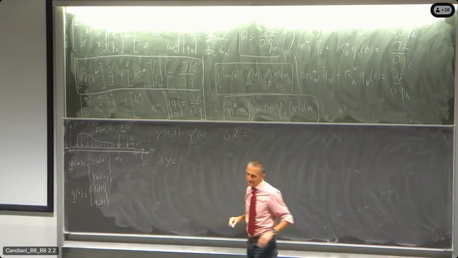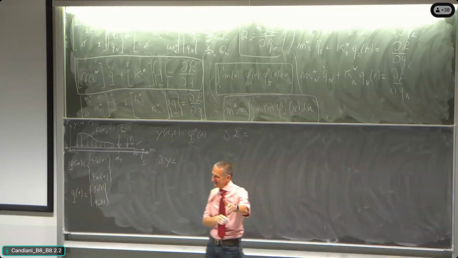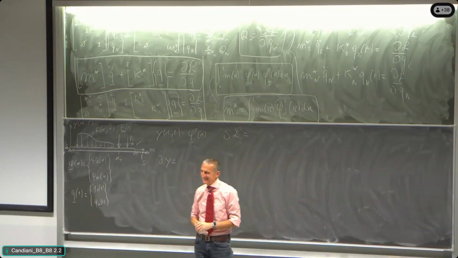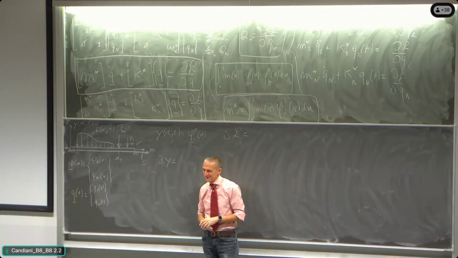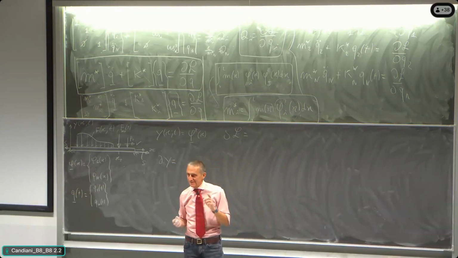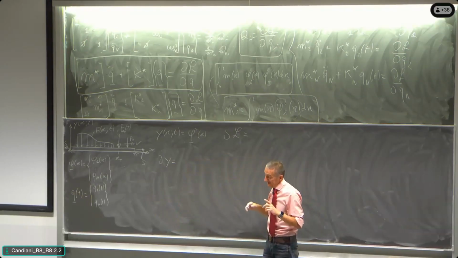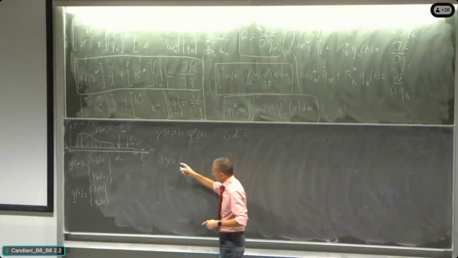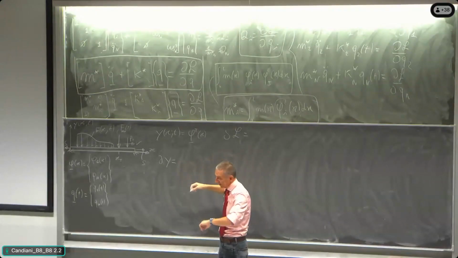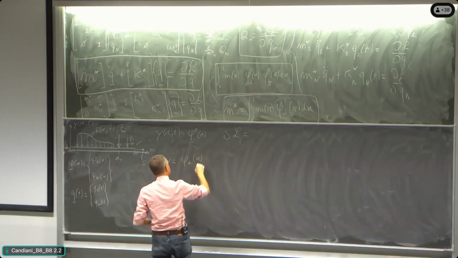First of all, what is the virtual displacement? I am asking the students who did applied mechanics, so what is a virtual displacement? It is an infinitesimal displacement of the system that is compatible with the constraints. Okay. In order to say which is the virtual displacement, we say that delta y is phi 1 function of x.